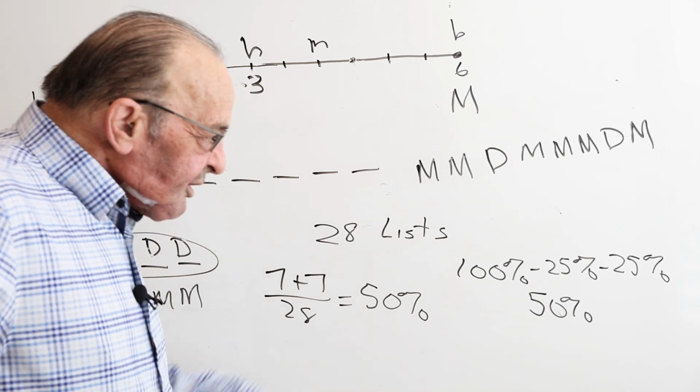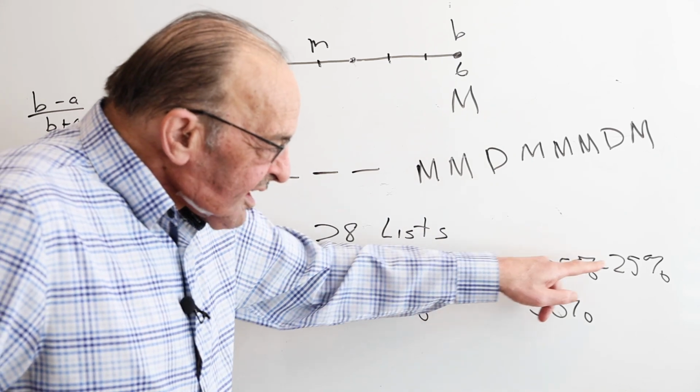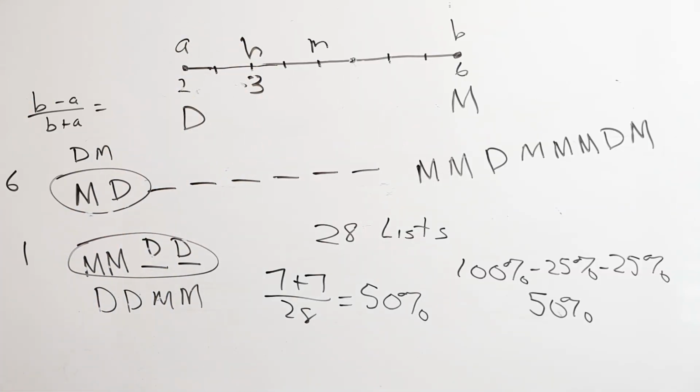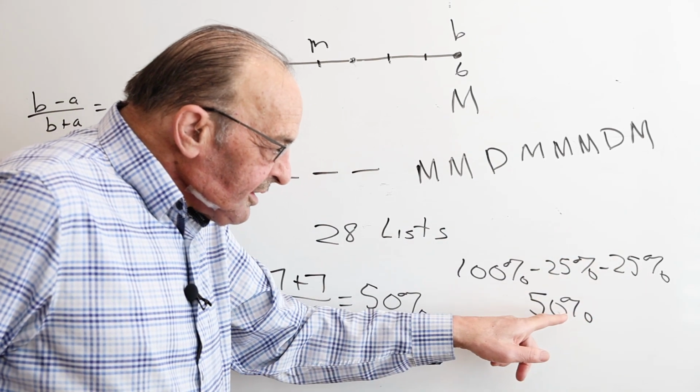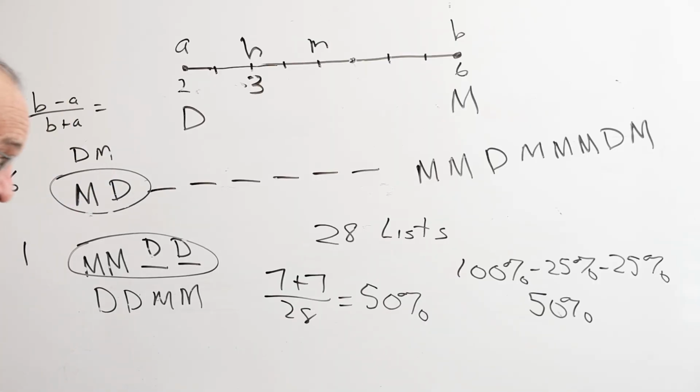And you want to subtract those. But you also want to subtract the same number again, because every time you have something that starts with DM, you can make a switch and switch a DM beginning to an MD beginning. So you're actually subtracting 25% twice, which is 50%.